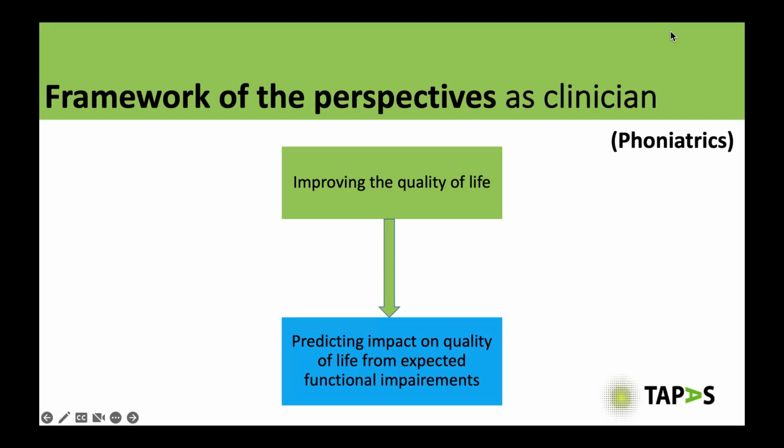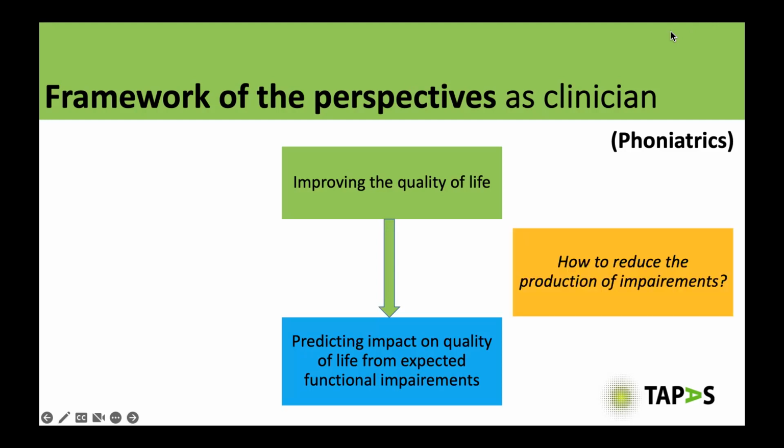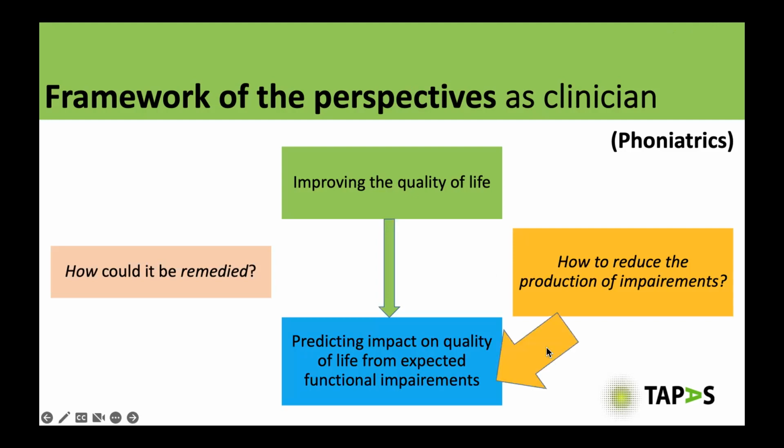Because the main questions for me are how to reduce the production of impairments and how it could be remedied. Reduction of the production of impairment is linked with the prediction of the impact on quality of life, and how it could be remedied is most linked with the improvement of the quality of life.